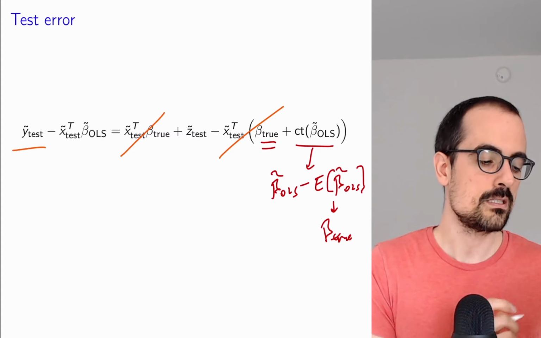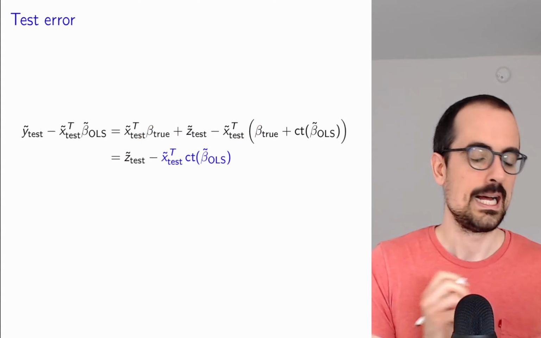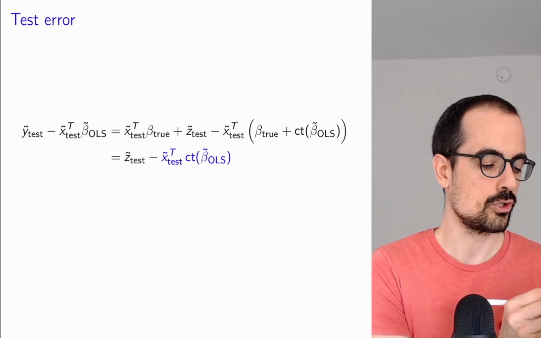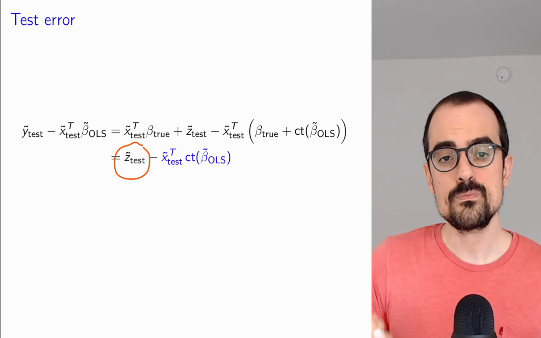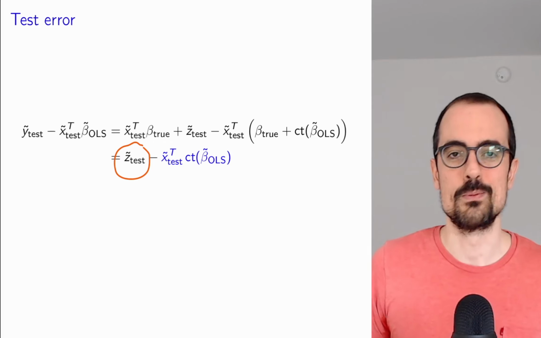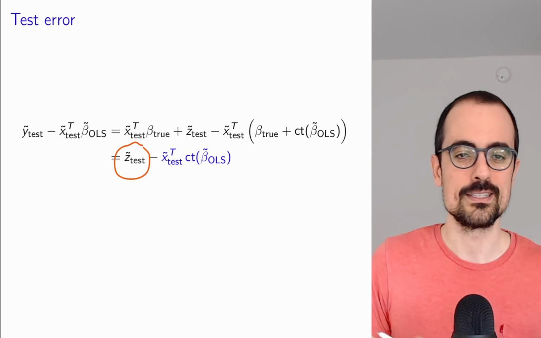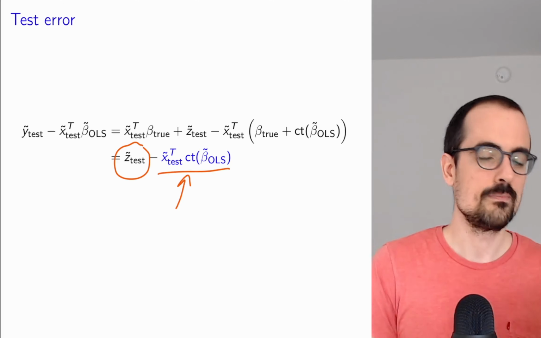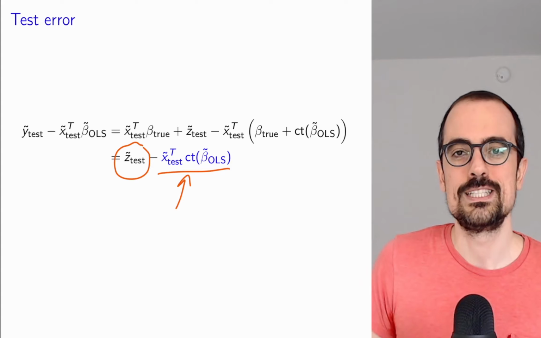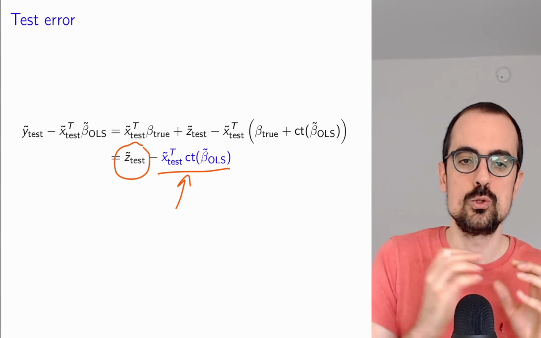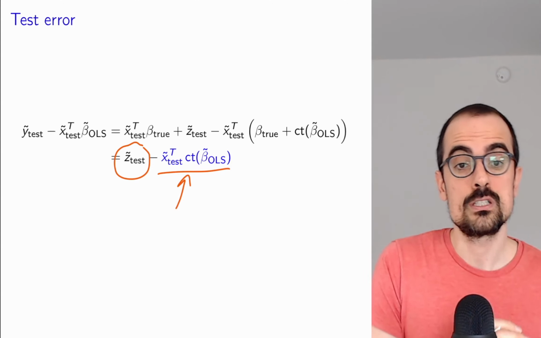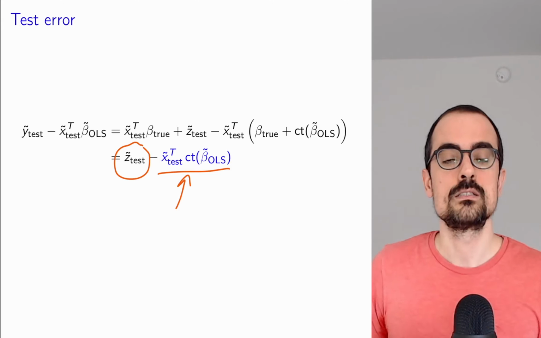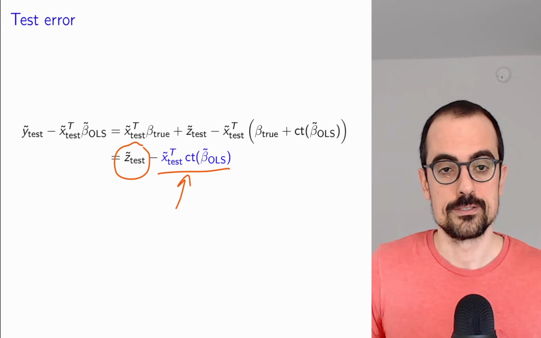So we're left with a test error that corresponds to the test noise, which we're not going to be able to approximate, so we can forget about it, and a term that is very important, which is the inner product between the test features and the centered OLS coefficients.